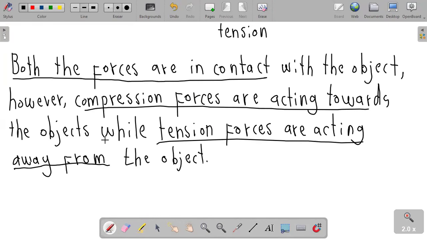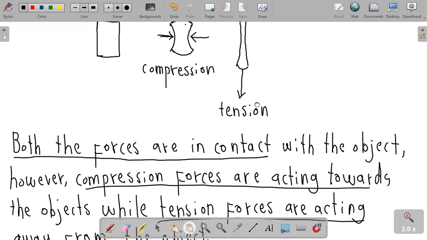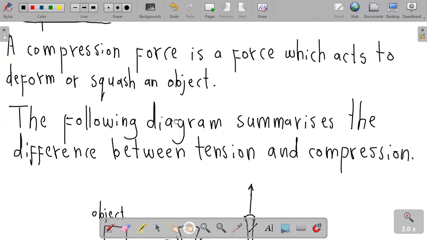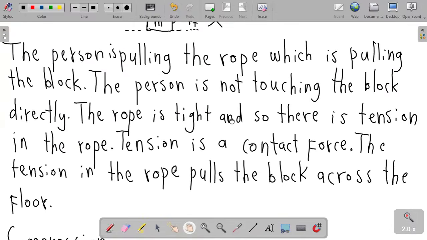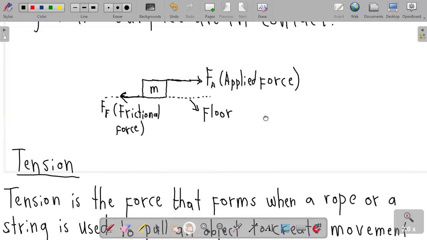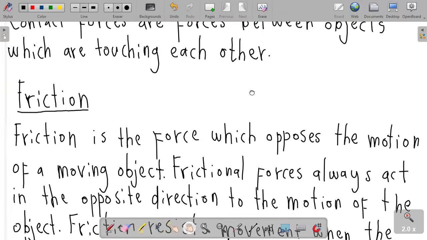Okay. So I think that's enough for lesson 2. We discussed up to compression force. In lesson 3, I will talk about normal force.